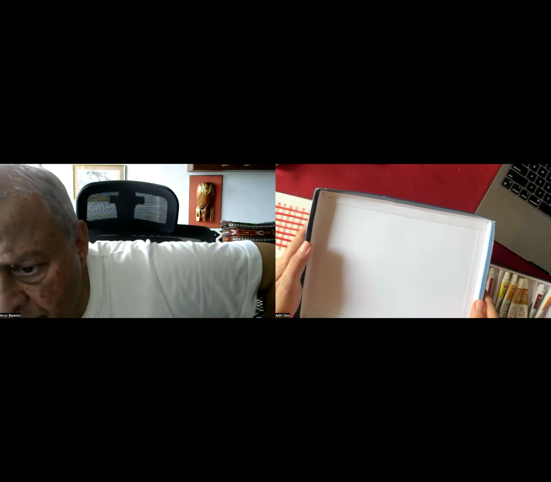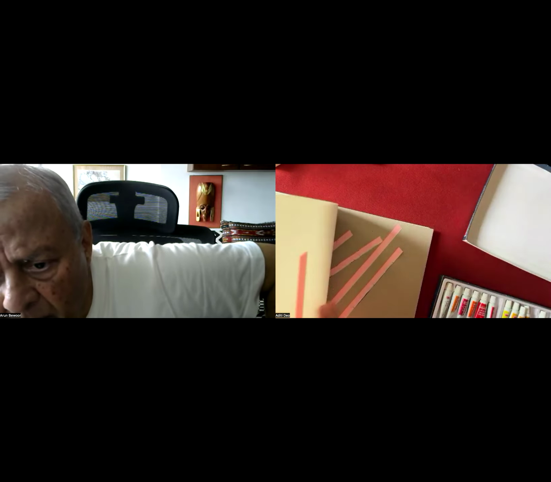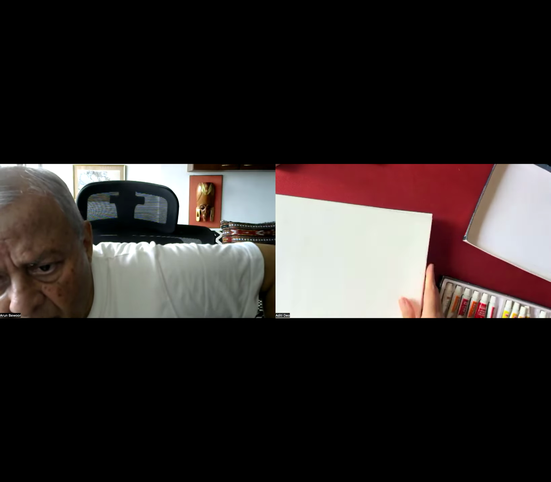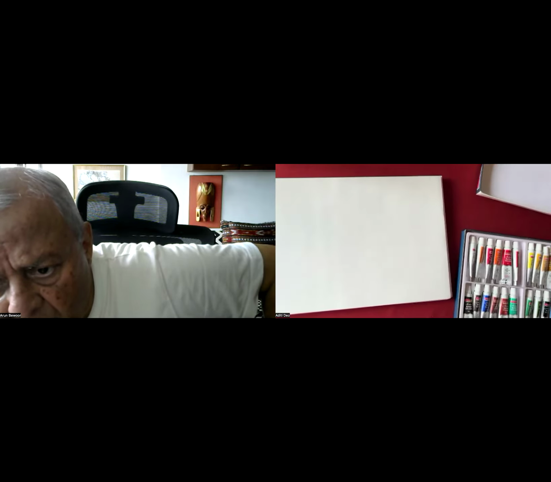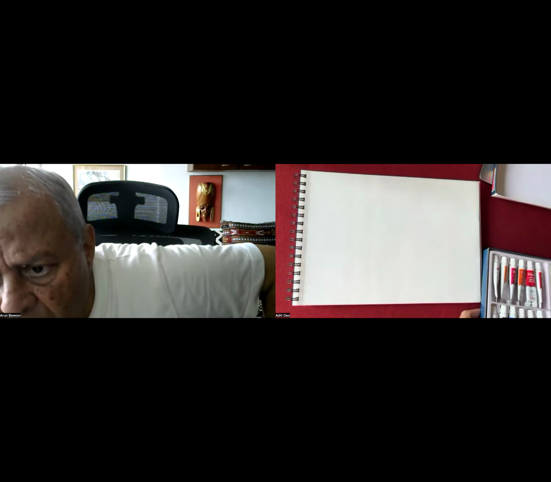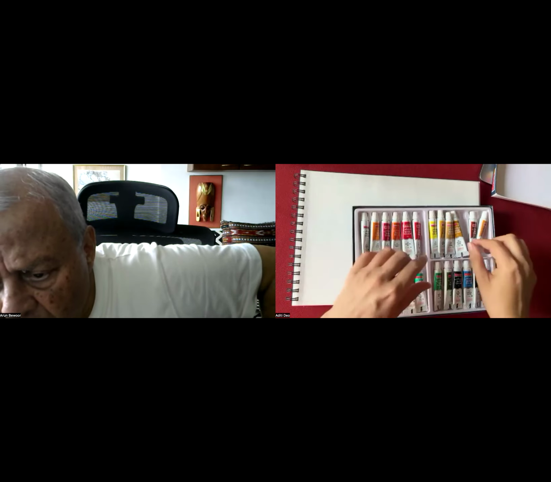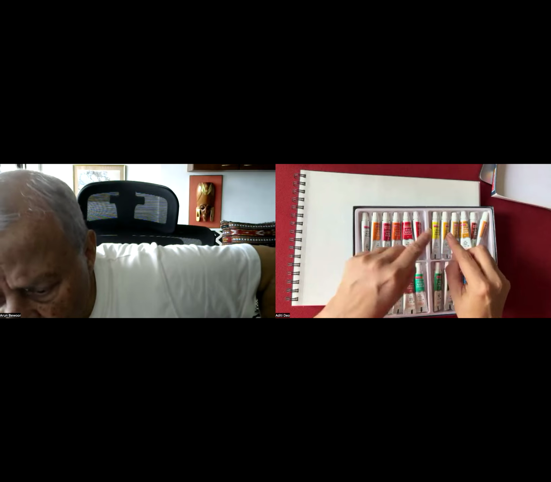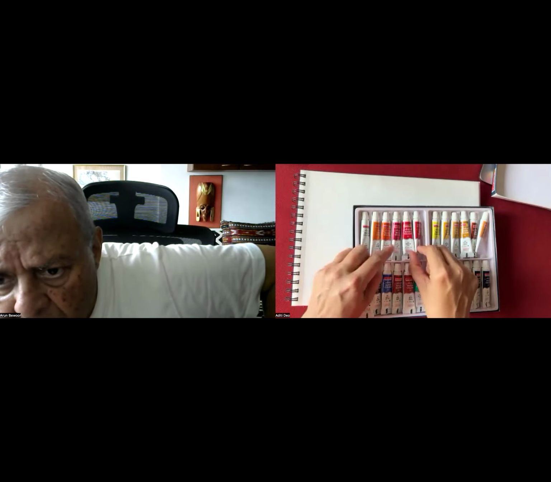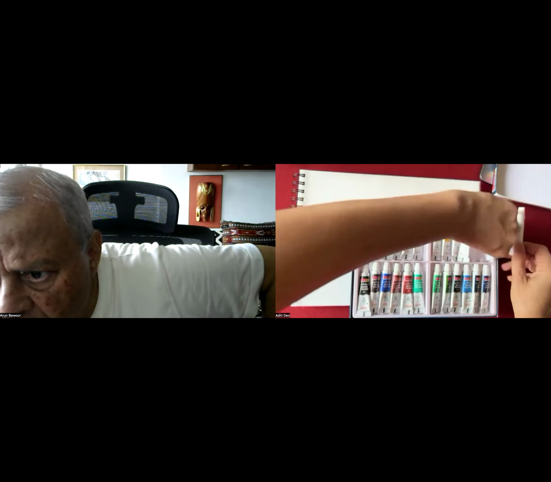So we are going to take a sheet of paper from the same book so that you know how the colors will look on this paper. You cut about this size and then in an order of the colors that you see. So all the yellows together, all the red and orange together, just arrange them in a particular order so that you can see the harmony in them.